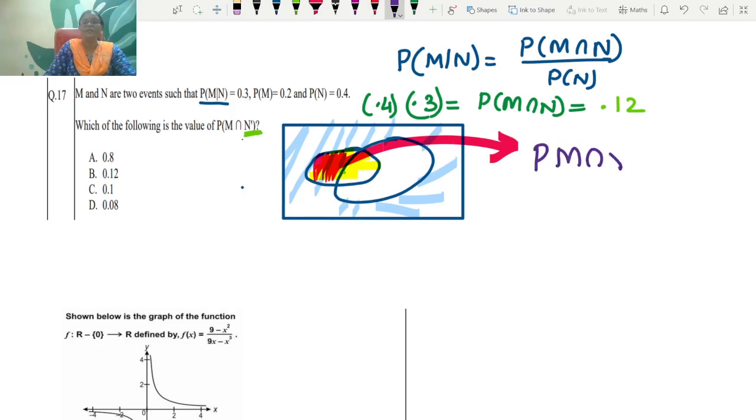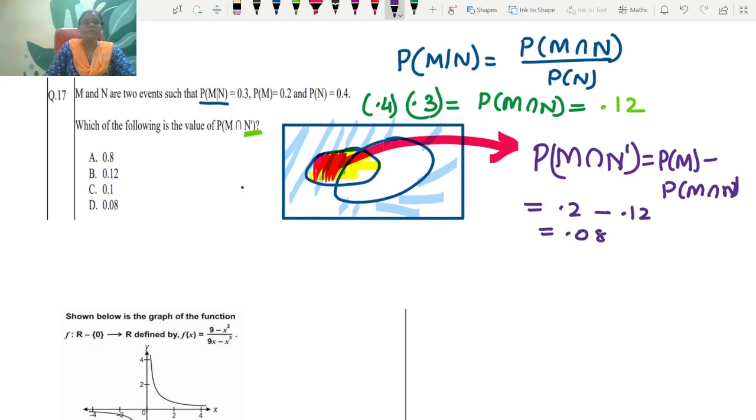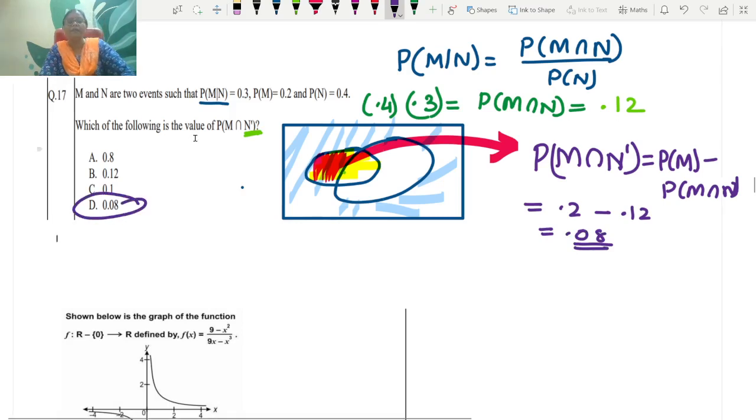Probability of M intersection N complement is nothing but the probability of M minus probability of M intersection N. Probability of M is already there. It is 0.2 minus 0.12, which will be equal to 0.08. See, that's the option you have. So with the help of the Venn diagram, we are able to evaluate this.